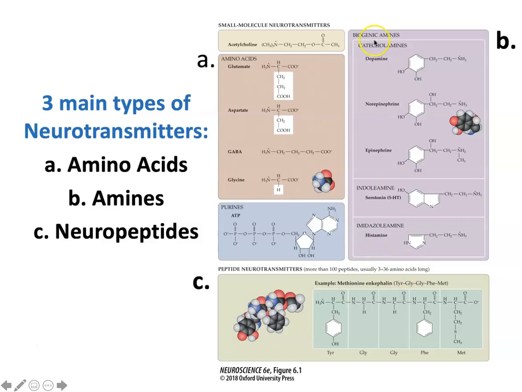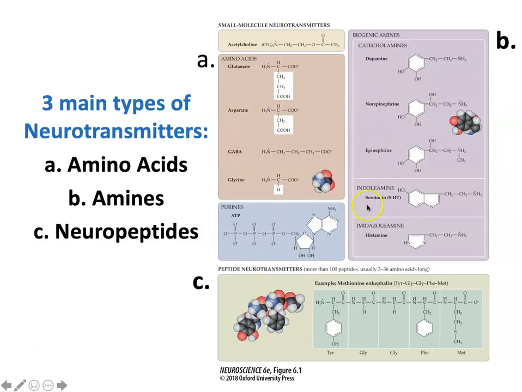Acetylcholine can be considered in this particular group, but we tend to treat acetylcholine separate from them. Just by looking at the structure of acetylcholine in comparison to these more traditional amines, you can see the difference between them, and then we'll talk a little bit about the difference in their chemistry.